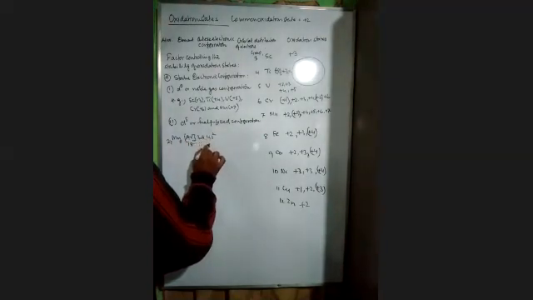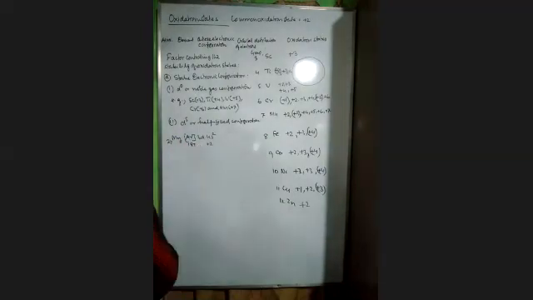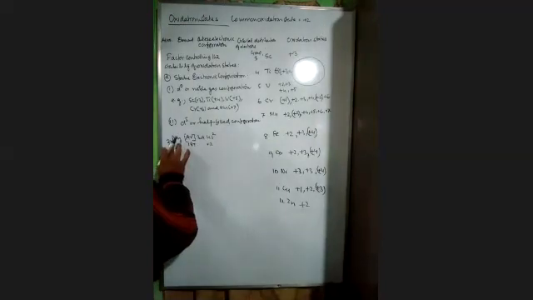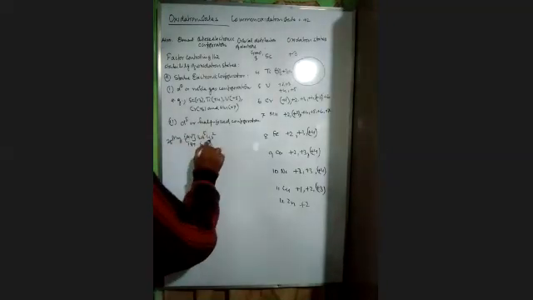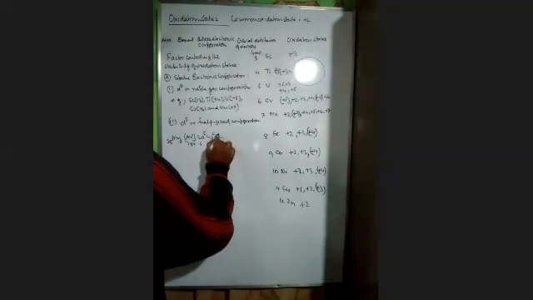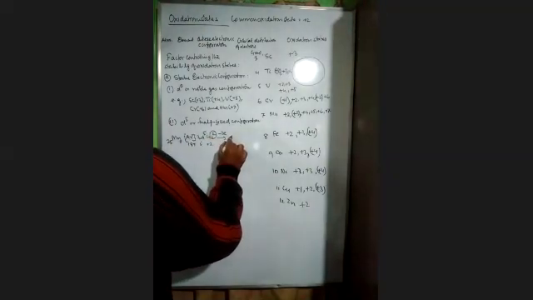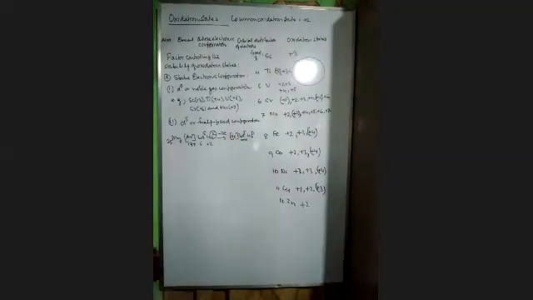So it is +2. From here, if I subtract 2 electrons, which one will go? This one will go. So what are you going to get here? Ar 3d5 4s0. Is it not half filled? It is half filled.